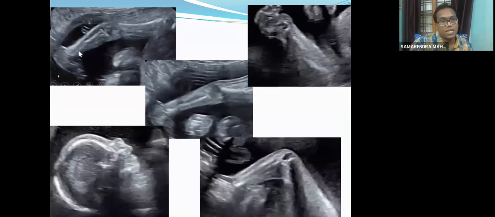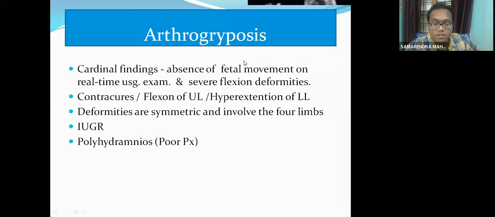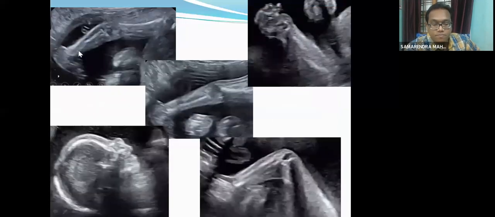So this is a case where the baby was not moving. In scanning, the baby was not moving. On gross examination, even for 30 minutes, there was no movement, and this case was showing polyhydramnios.